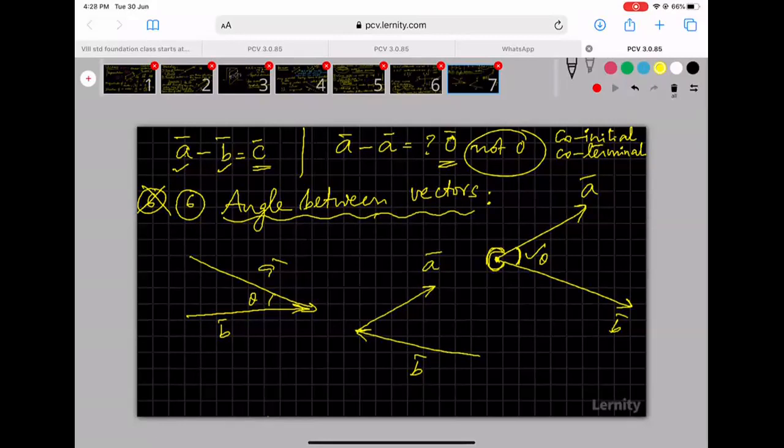There is no spatial discrimination, so I can just extend this a bar in this direction, and then say this is a bar, same magnitude as here. I'll put another vector here with the same magnitude and in the same direction. Because these two have the same magnitude and point in the same direction, I can call this also vector a bar. And now if this is a bar and this is b bar, they are co-terminal. The smaller angle between them would be this. This would be the angle between the two vectors.